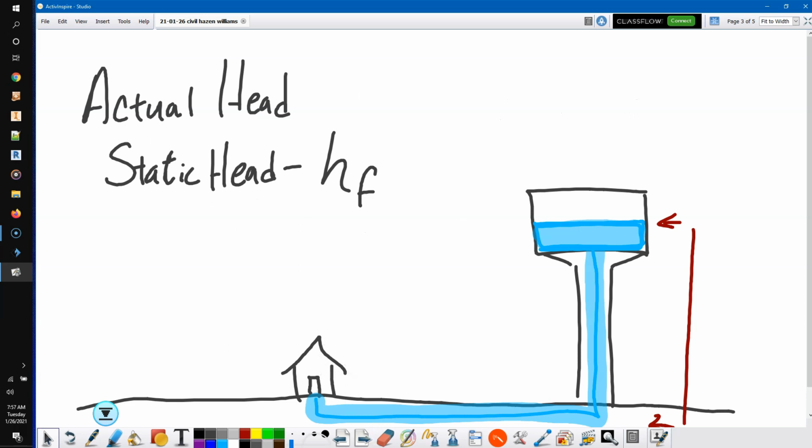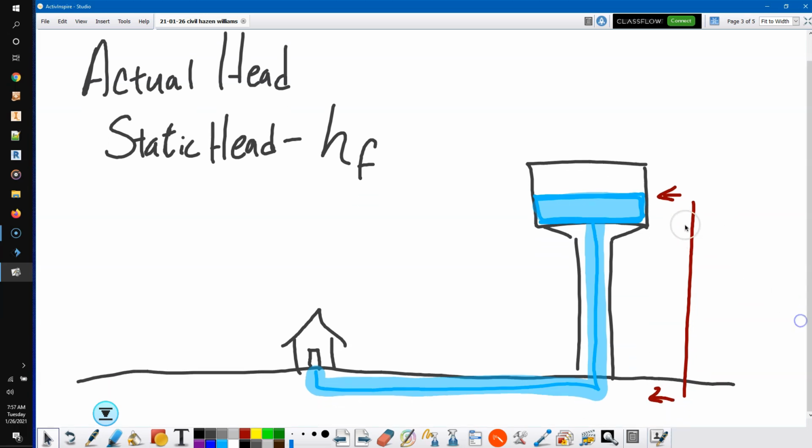To calculate the actual pressure at the house, you have to account for the static head, which is the feet of water based on this height difference. You also have to find something called HF, which is the loss of head due to friction. As the water moves through these pipes, it encounters friction in two places. One is from the walls of the pipe, especially if they get rough.